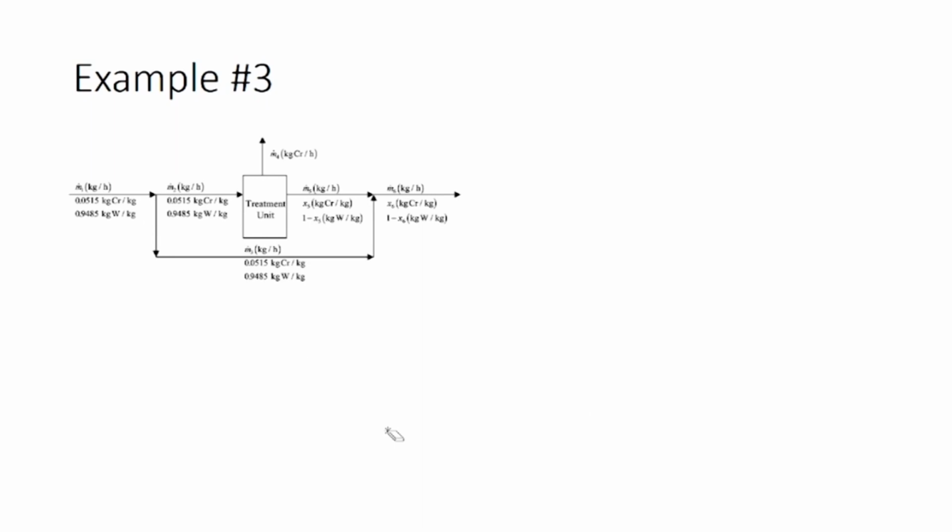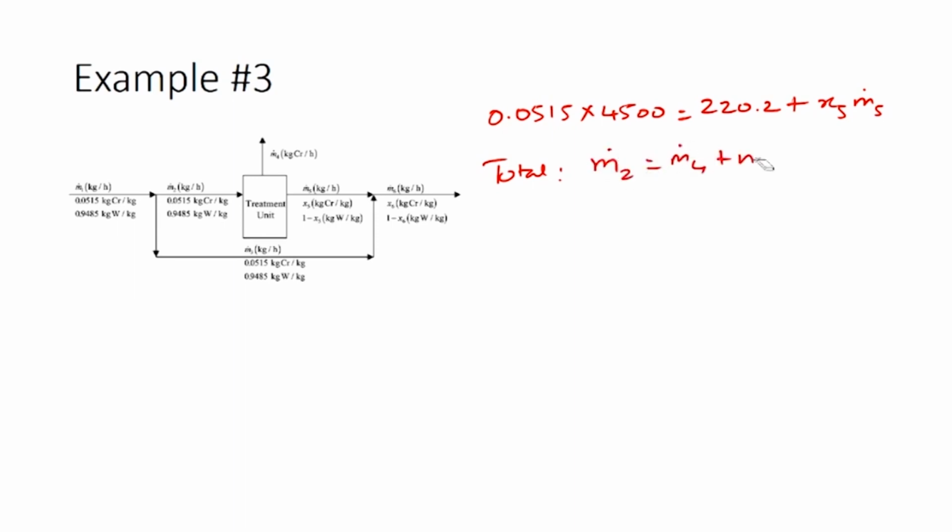Substituting this M4 dot into the chromium balance, we would have 0.0515 times 4500 equals 220.2 plus X5 M5 dot. We can also write a total balance for the treatment unit, which would be M2 dot equals M4 dot plus M5 dot.